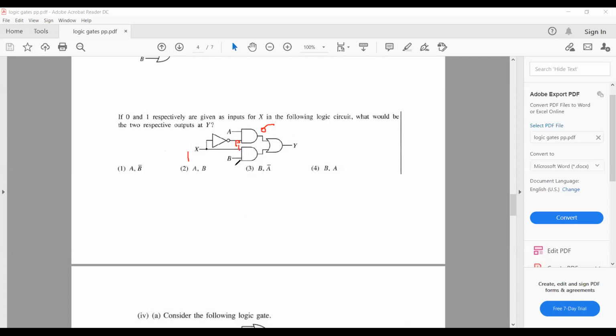But here, if you have 1, your output will be 1, and if you have 0, your output will be 0. So that means Y depends on B if you insert 1. So that is B. That means A and B, second answer should come. Okay, we'll go to the another question.